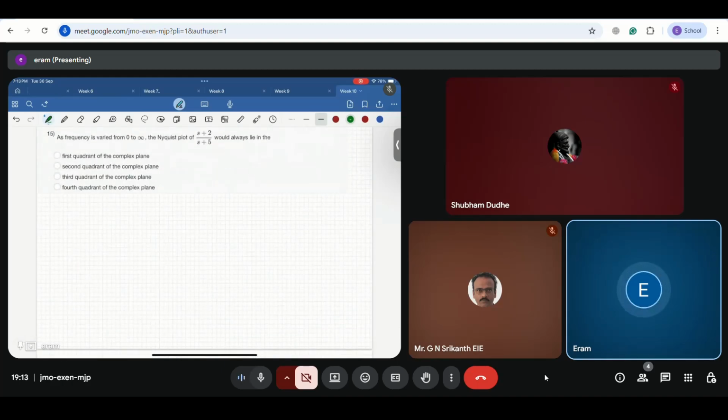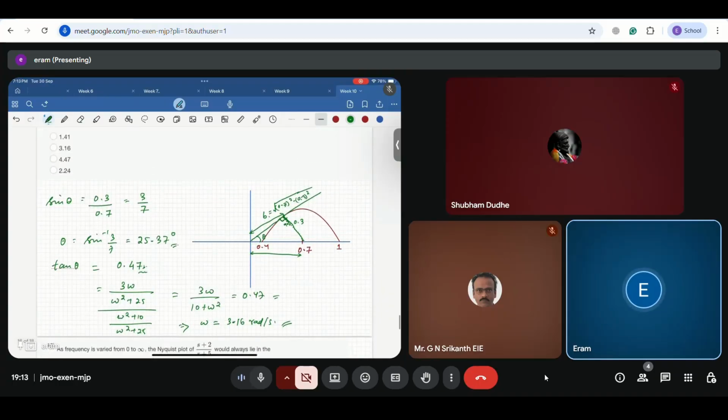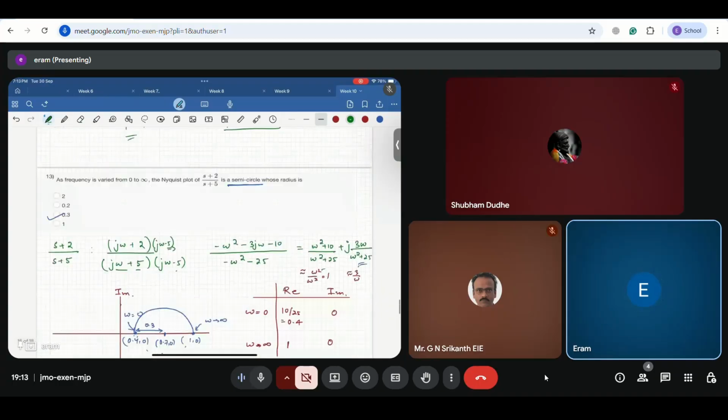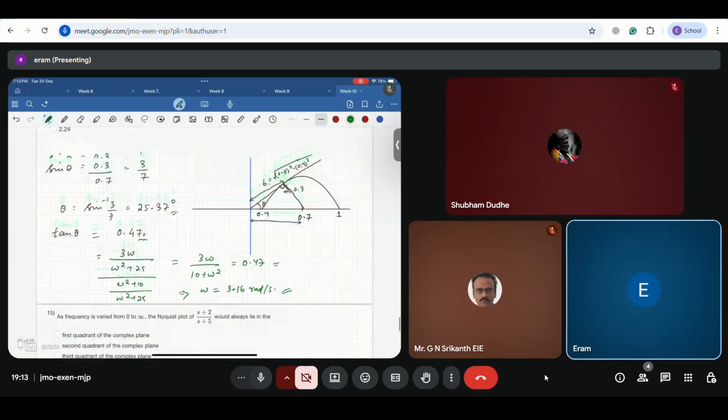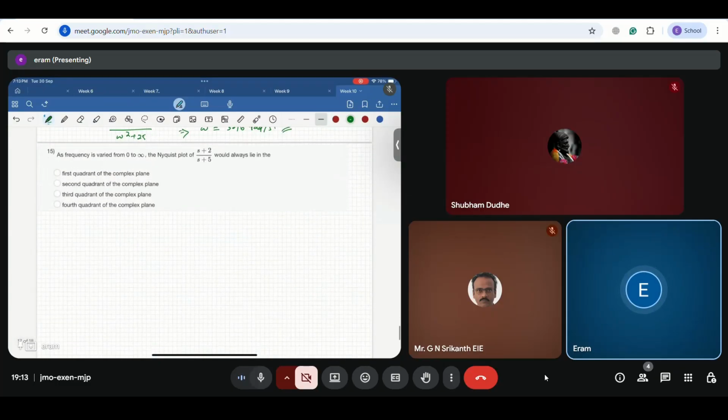Okay, now for the same question, no, not for the same question. Earlier we had (s plus 2) by (s plus 5). Now you can easily tell me for this transfer function, where will the Nyquist plot lie?